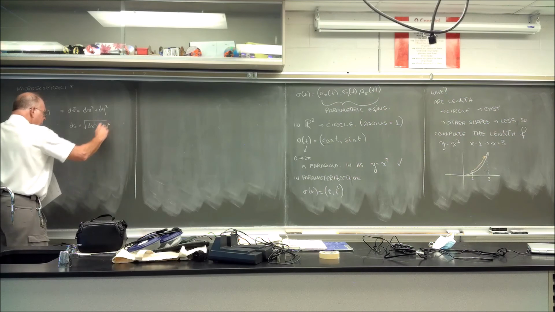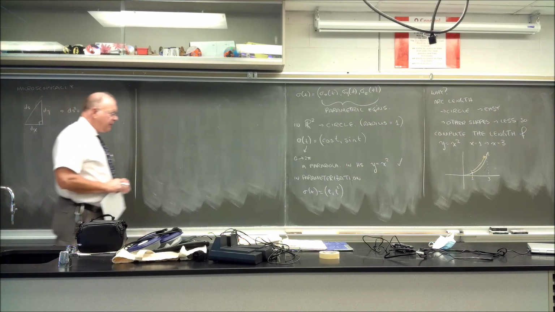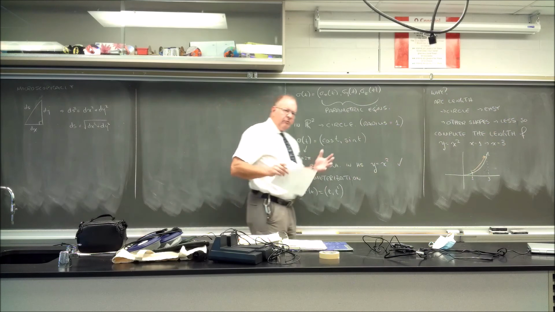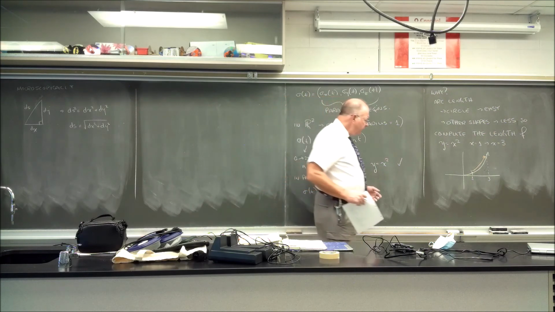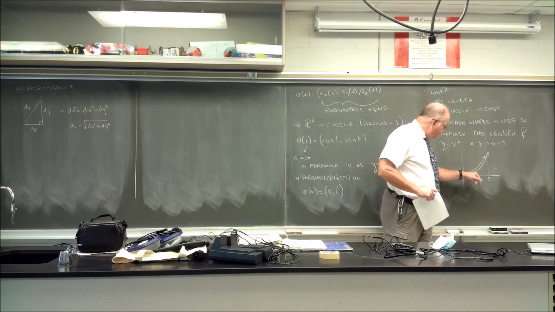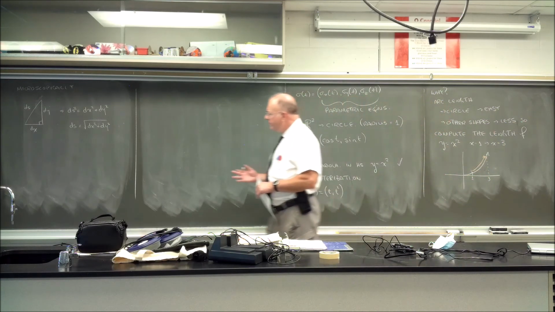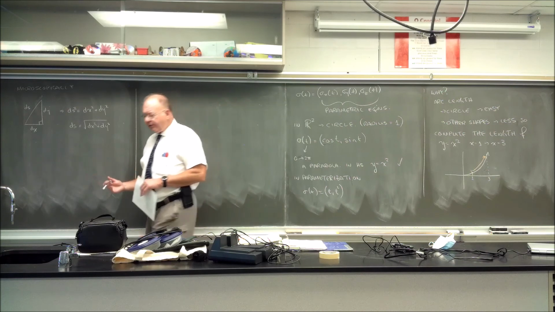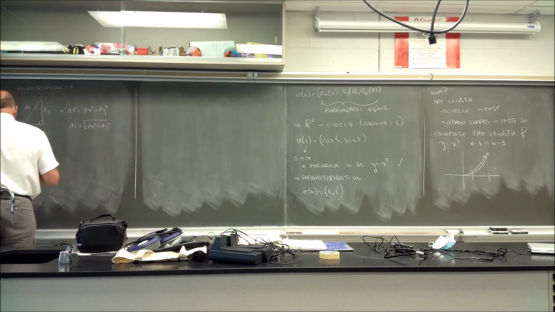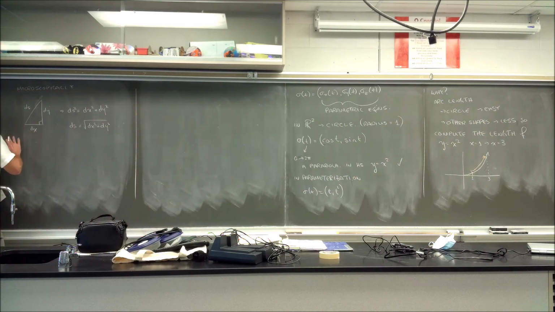Okay? Now here's the point. I just want to make sure we know what we're trying to do here. We want to find out this arc length here, then we need to add up all the ds's in this interval. So we need to find the arc length.